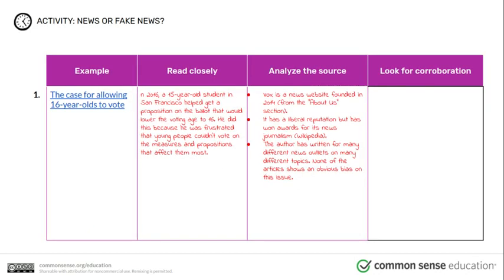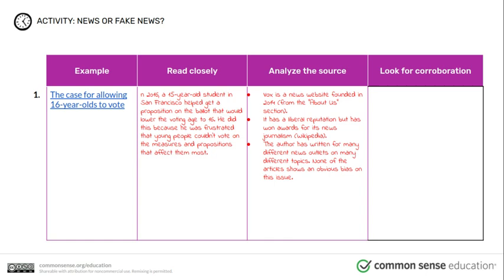So, when I analyze the source, my conclusions are that Vox is a news website founded in 2014, and that's from the About section. It has a liberal reputation, but has won awards for its news journalism. That's from Wikipedia. And the author has written for many different news outlets on many different topics. None of the articles show an obvious bias on the issue.